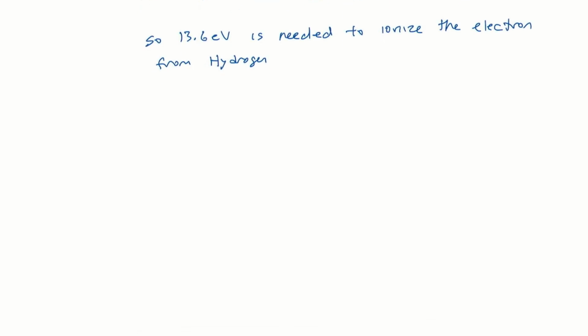All right, and so we know delta E is hf, and it's also E sub i minus E sub f. And we can substitute the E sub n is minus 13.6 electron volts over n squared.